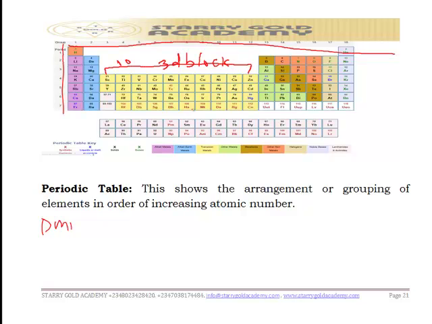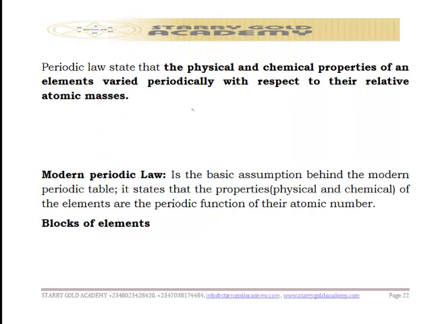But it was Mendeleev, the Russian scientist, in 1869 to 1871, that developed the periodic law, which states that the properties, the physical and chemical properties of an element, vary periodically with respect to their relative atomic number.